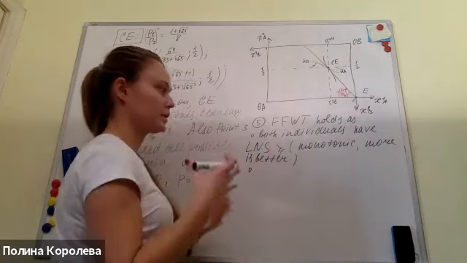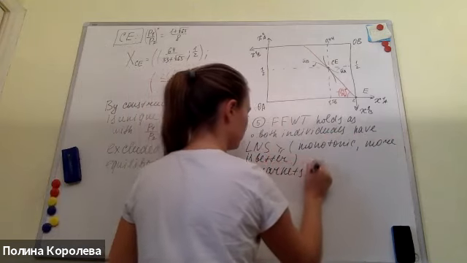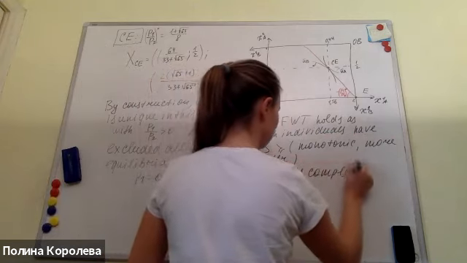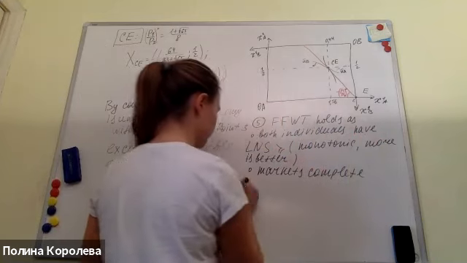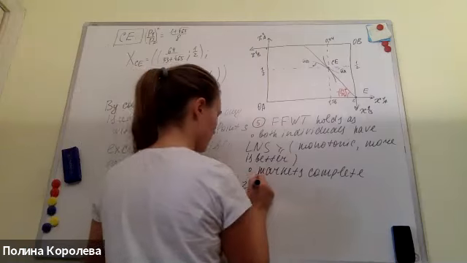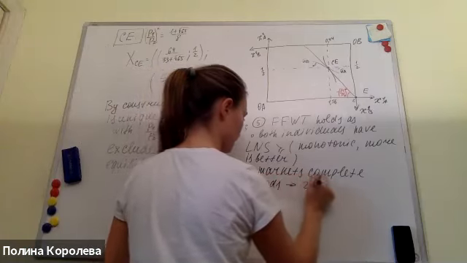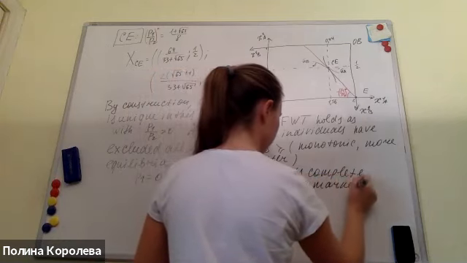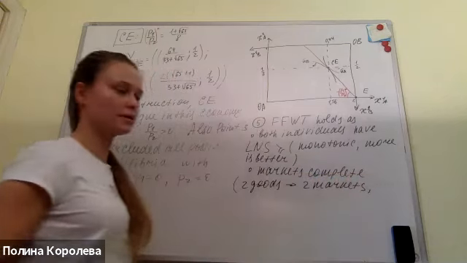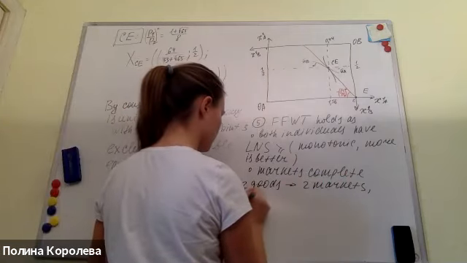And markets are complete. What does that mean? We have 2 goods and exactly 2 markets. On both markets, we have perfect competition, so the price taking assumption holds.